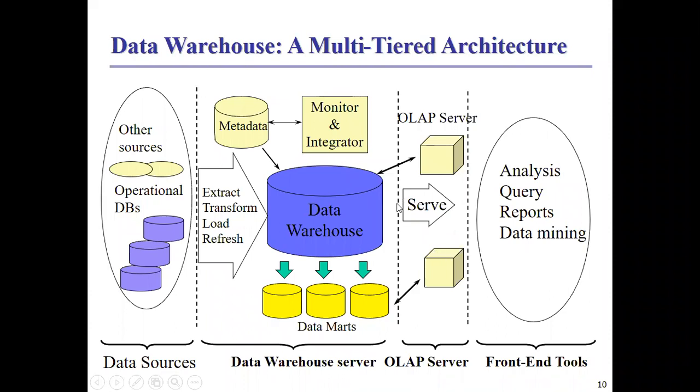And there is one more OLAP which is nowadays popular, called HOLAP, hybrid OLAP, which is a combination of ROLAP and MOLAP. ROLAP has the advantage of fast computation or pre-computation. But MOLAP has the advantage of direct operations with no mapping process.